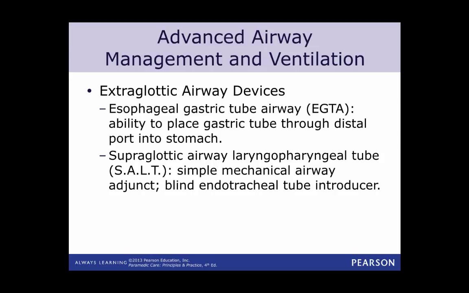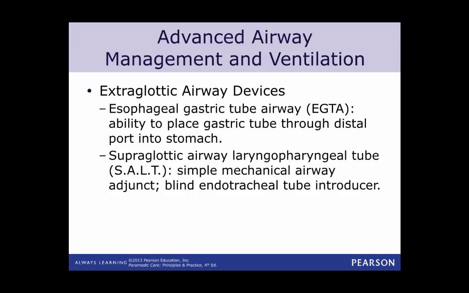The supraglottic airway laryngeal tube, or the SALT airway, was pushed really hard maybe 5-6 years ago, right? It was supposed to be the next big deal. Plenty of videos, particularly floating around the fire service, of people sliding these babies in upside down, backwards, inside out on patients, and it was working great.